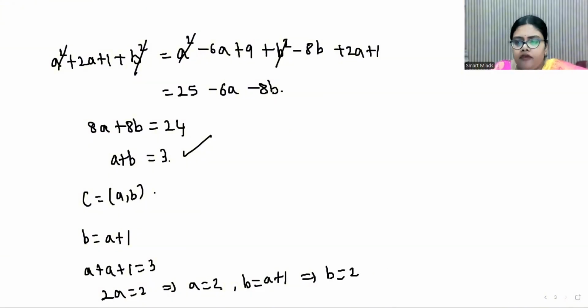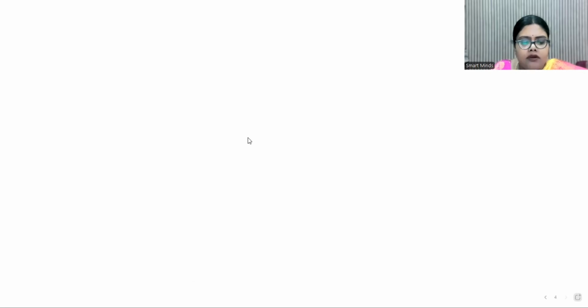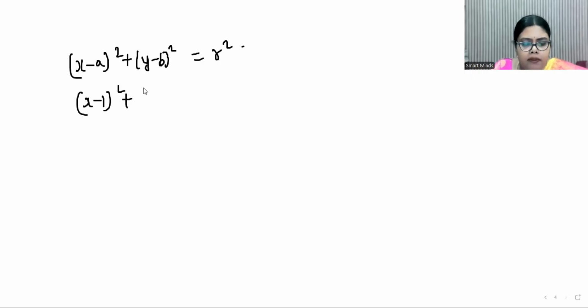Now we have to find the radius calculation. Now x minus a whole square plus y minus b whole square is equal to r square. So a is 1 and b is 2. So x minus 1 whole square plus y minus 2 whole square is equal to r, which is 2 root 2, so 2 root 2 whole square.